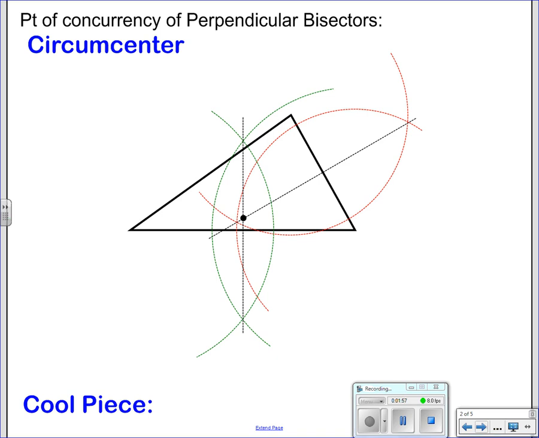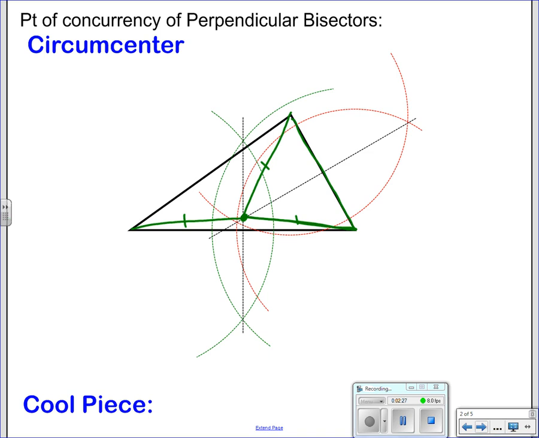That means that this point, because any point on the perpendicular bisector is equidistant from the two ends of the segment, this is equal to that. But then for the other perpendicular bisector on this side, this segment is equal to that segment. So now you have the radius of a circle.